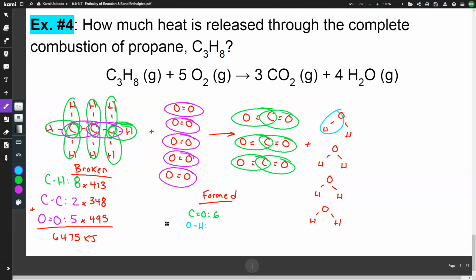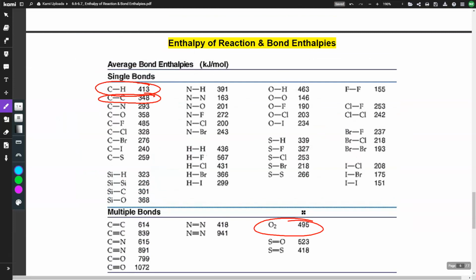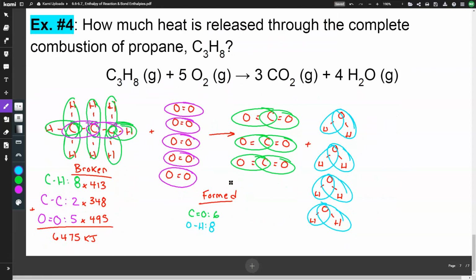We have 1, 2, 3, 4, 5, 6, 7, 8 of those. And I'm going to go look those values up on my table. So I have a carbon-oxygen double bond, and then I have an oxygen-hydrogen bond. Oxygen-hydrogen OH is right here.